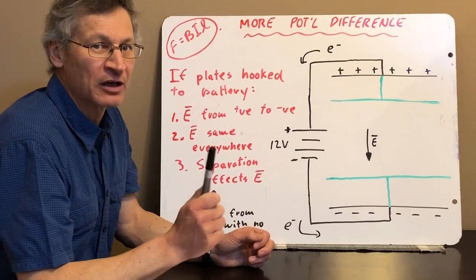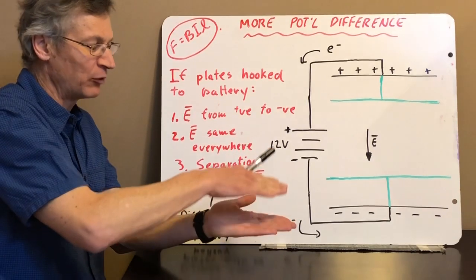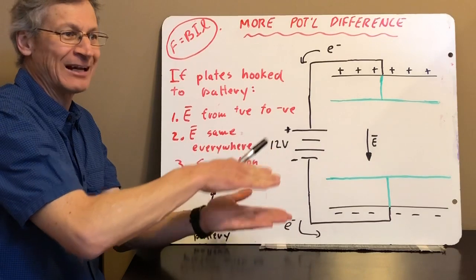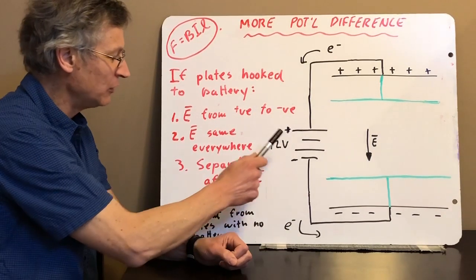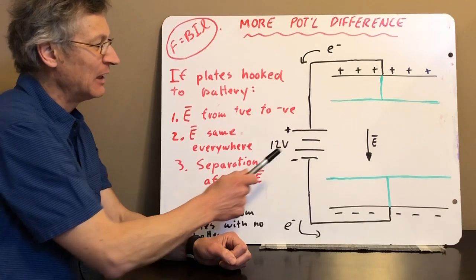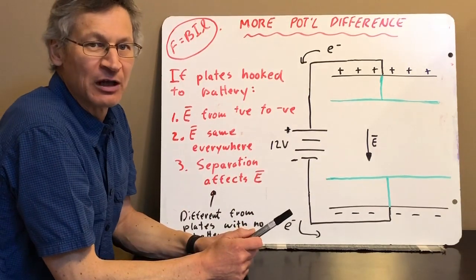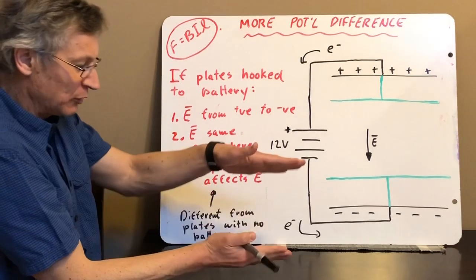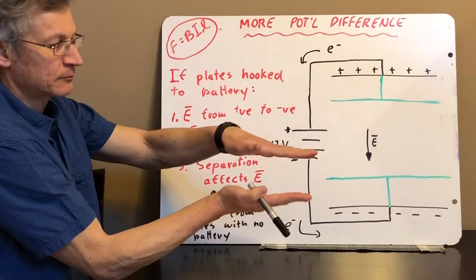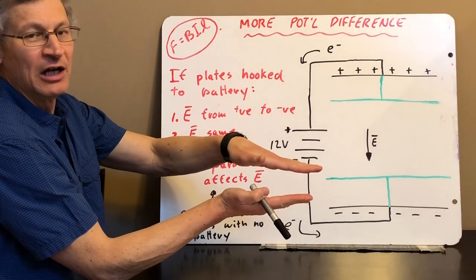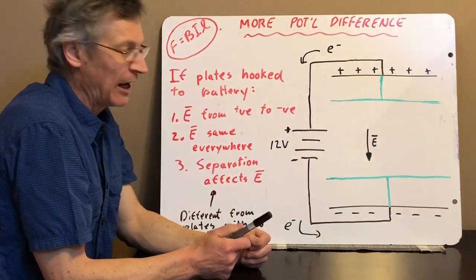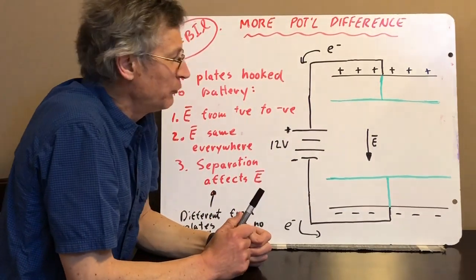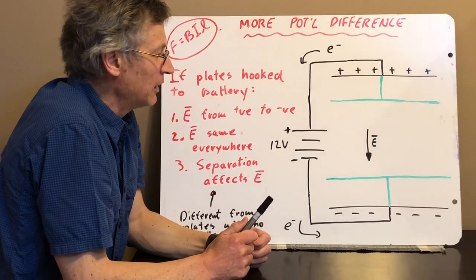But if the plates are connected to a battery, like the ones here, the separation does affect the electric field between them. If you push the plates closer together, the field gets stronger. If you pull the plates further apart, the field gets weaker. And let's see if we can figure out just why that is, okay?